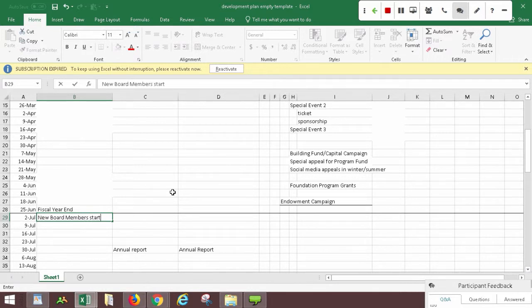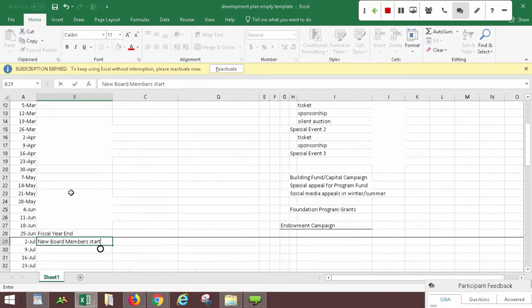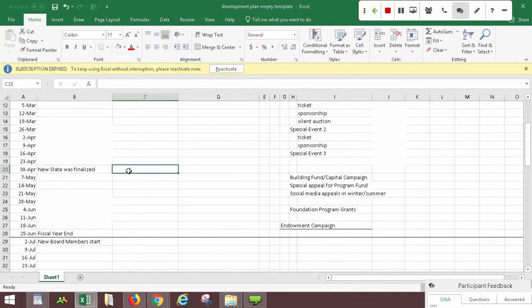All right, that's good. That probably means that you had some board meetings sometime in the spring, and that probably means that sometime in the late spring was when your new slate was finalized, whether that's a slate that gets voted up or down, or whether that's a ballot where 6 people are elected and 4 people get thanked for applying but don't get elected.